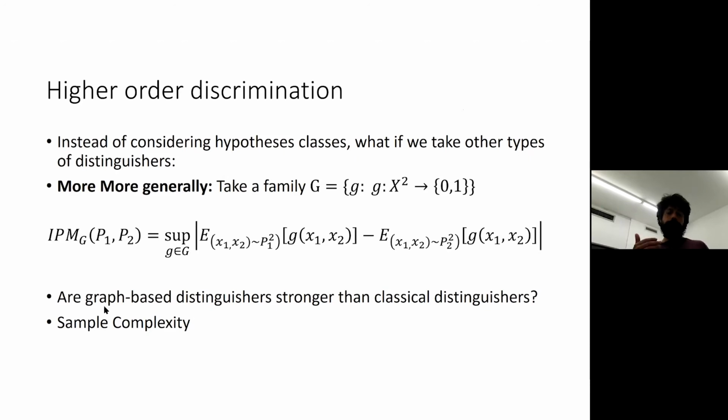whenever a classical distinguisher, some hypothesis class, would fail. And in this respect, I have to say, for me the intuition was that no, you cannot do something better with graphs, because it's kind of known that the VC dimension says that learning is about choosing a hypothesis class. Basically, at least in the PAC setting, if you want uniform convergence, if you want uniform learning with uniform sample complexity, then there is nothing you can do better than choosing some hypothesis class.